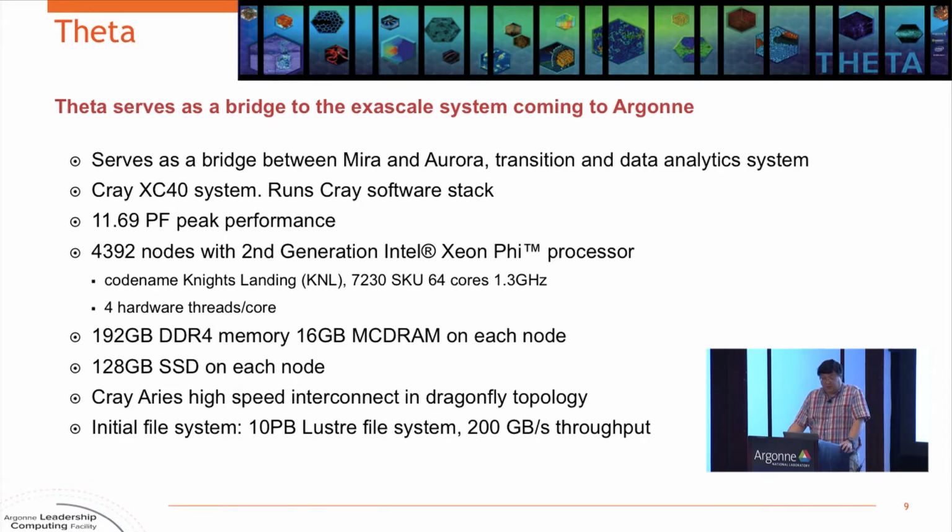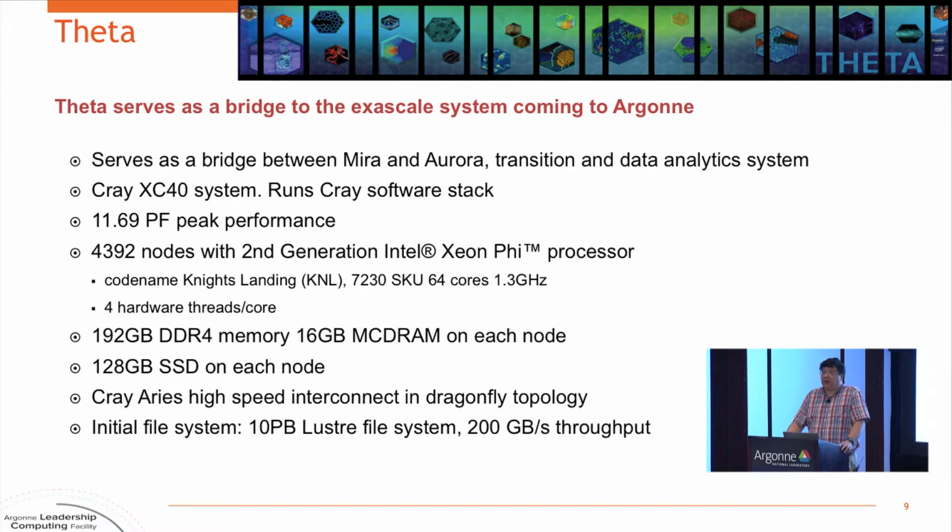It's now at over 4,000 nodes, and each one has 64 cores, and each core can handle 4 hardware threads. One of the special things about it, besides having the KNL processors, is that it has 16 gigabytes of high bandwidth memory on each node.